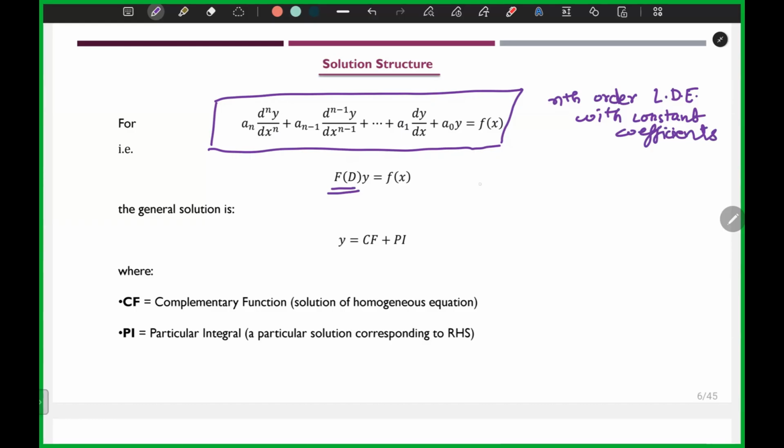So here what is the operator F(D)? Can one of you tell what we have defined earlier, the operators?